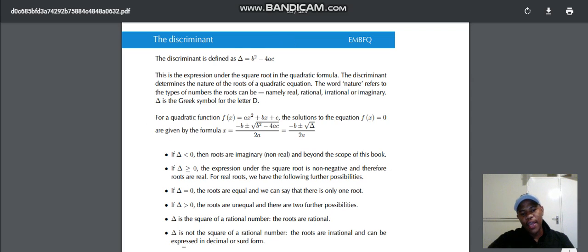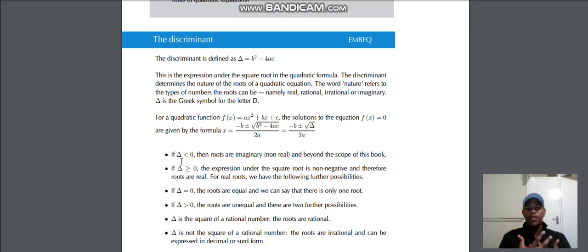So let's look at a few cases of what's really happening. If we already know what nature of roots means, we already sort of understand what's happening. So all those cases that we've seen before, we're now going to look at how we know those cases just from an equation, right?